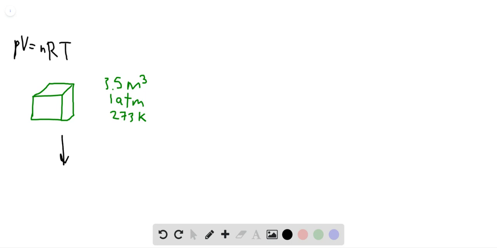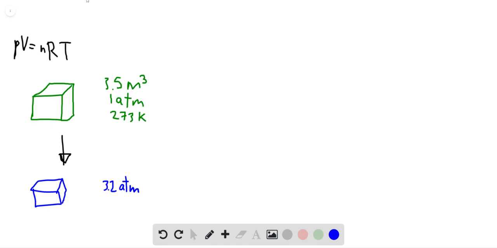So something changes. And now our cube will be different. The pressure is now 3.2 atm, which is higher pressure. And when we do that, we observe that the temperature of the gas rises up to 38 degrees Celsius.